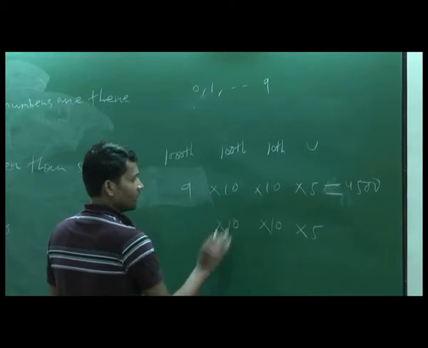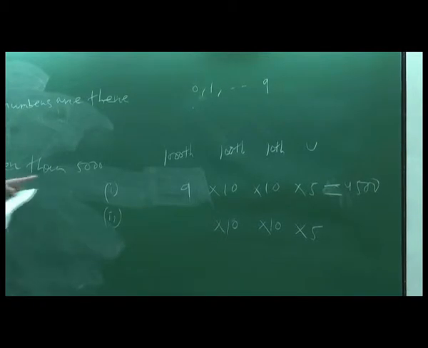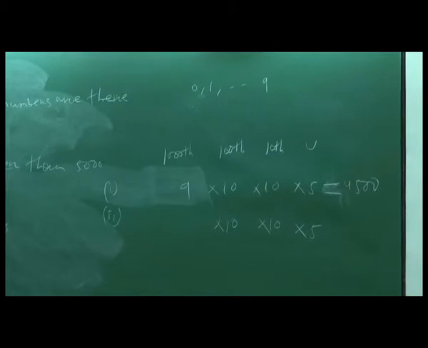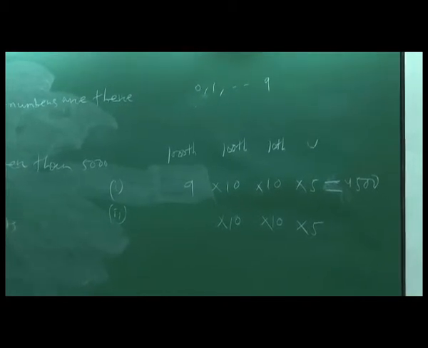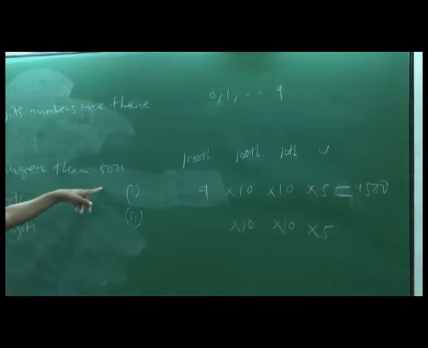And the 1000s place, the digits 5, 6, 7, 8, 9, since the number should be greater than 5,000.